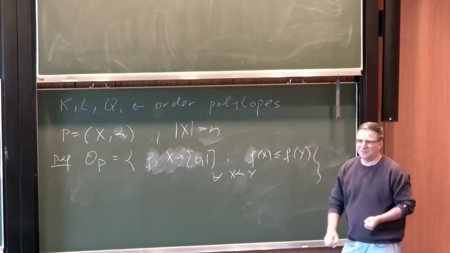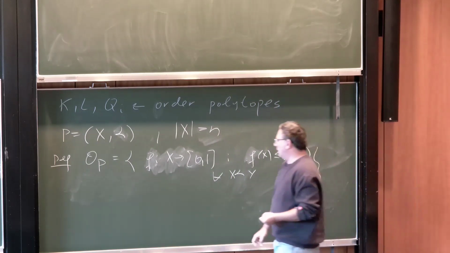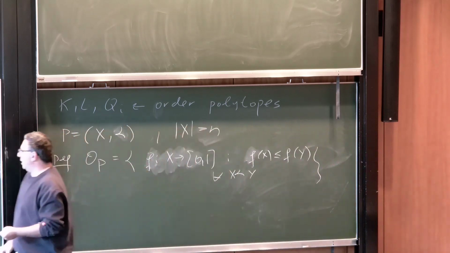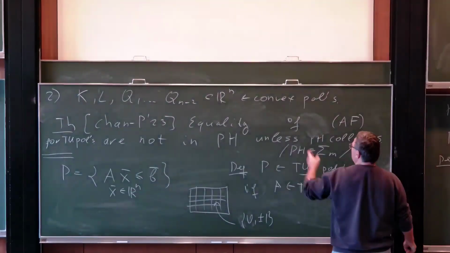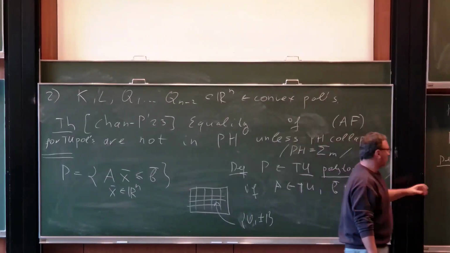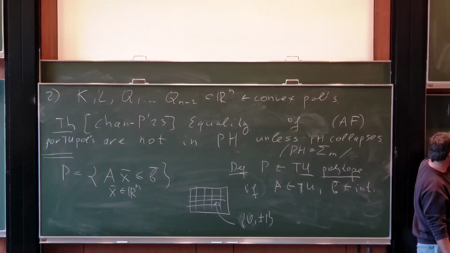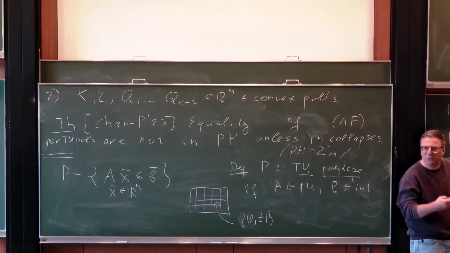Here we go. That's the order polytope. And basically, the examples that we need for this to work are collections of K, L, and Qi corresponding to different posets. Okay.